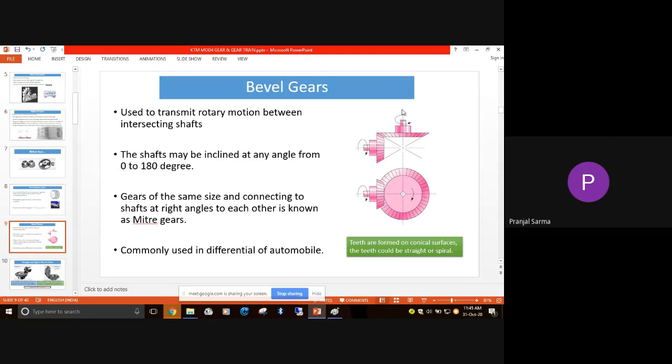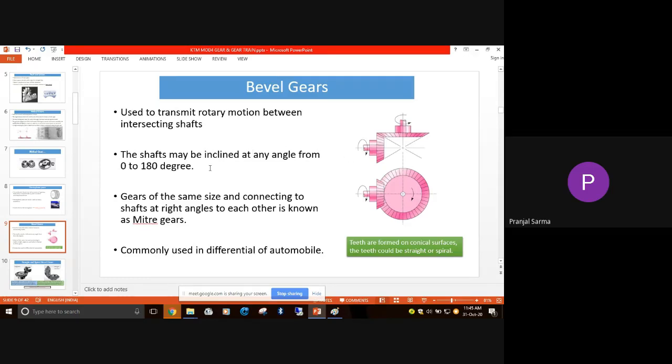If you look at this figure, this is one shaft axis and this is another shaft axis, and they are meeting or intersecting here. Sometimes we want rotational motion from this direction to this shaft, which is in this particular direction. In those cases we can use a gear arrangement known as the bevel gear. So what is the possibility with respect to bevel?